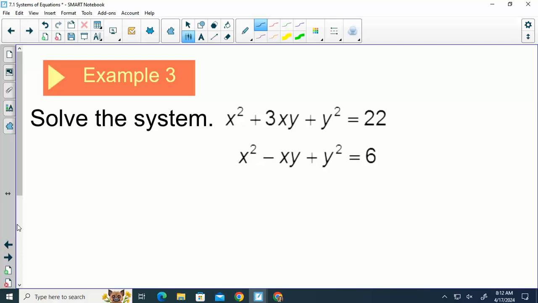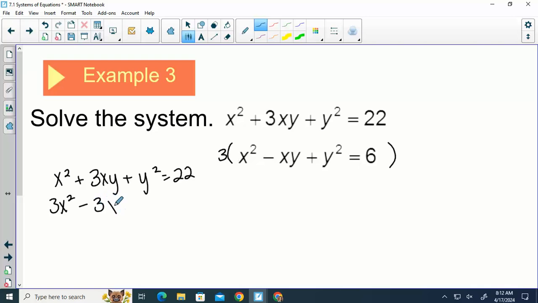Any thoughts? I would go ahead and multiply the bottom by 3 so you can get rid of that x. Okay. Just for a moment, don't write down, let's talk it through together. If we did that, then we have 3x squared minus 3xy plus 3y squared equals 18.